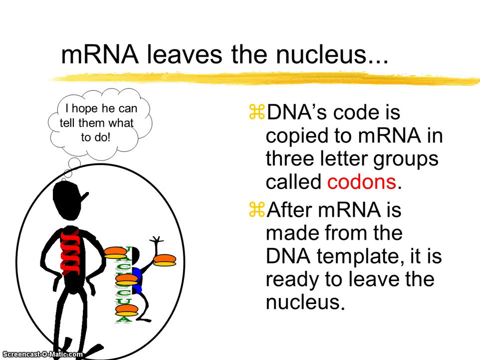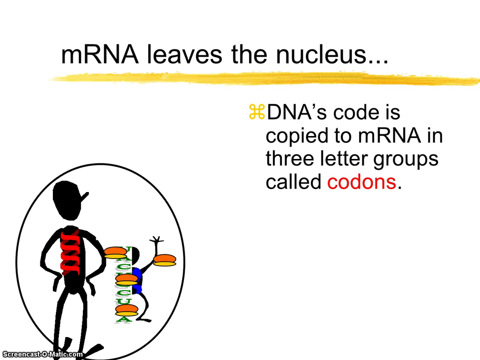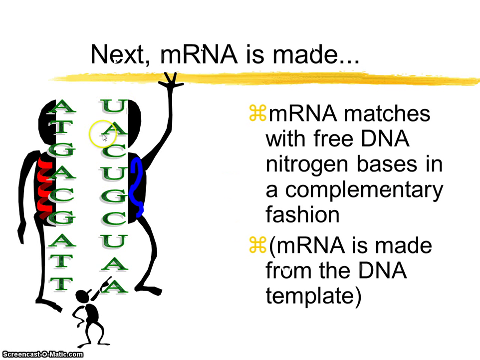How it's put together on the messenger RNA: it's put together in small little sub-packages called codons. These codons are going to be read or interpreted. The information that was built in the messenger RNA was coded in little groups of three letters.